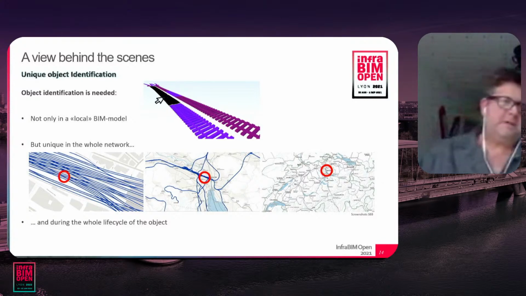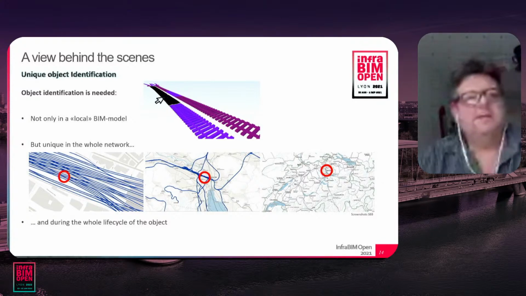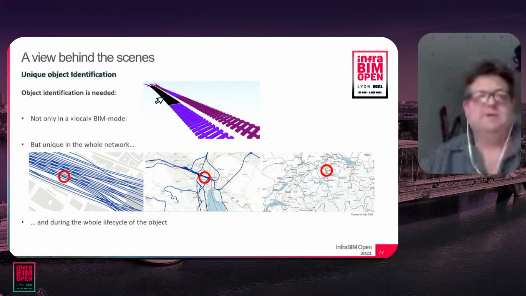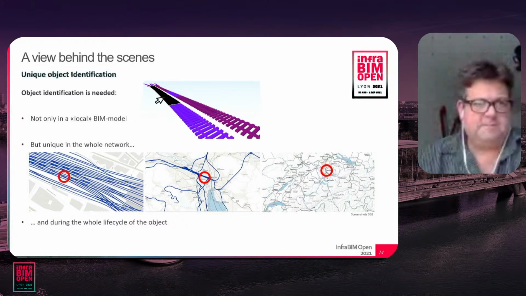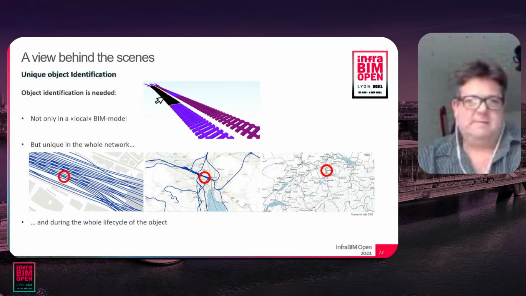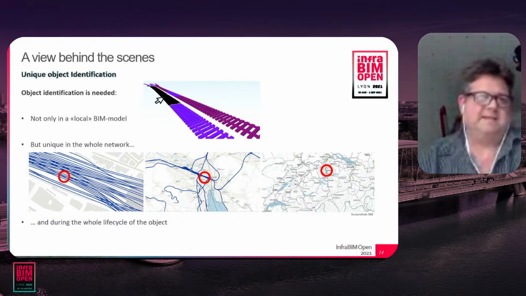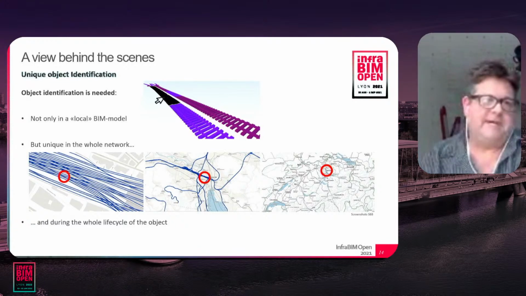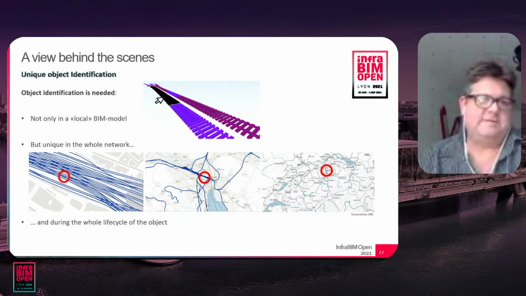The second one, what Claude mentioned, is this unique object identification. You all have IDs and know some of this identification. I just want to say it's not only a local BIM model where, as we have seen in the beginning, a turnout panel has an identification. No, this turnout panel is unique in the whole network.